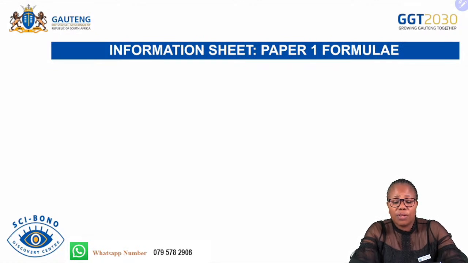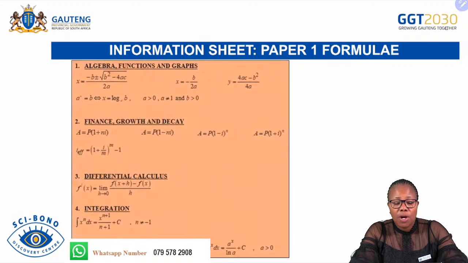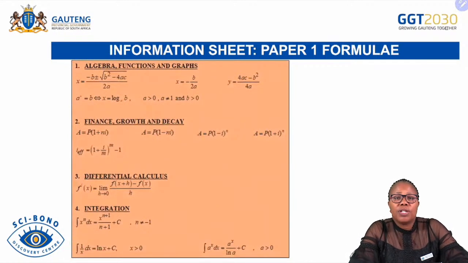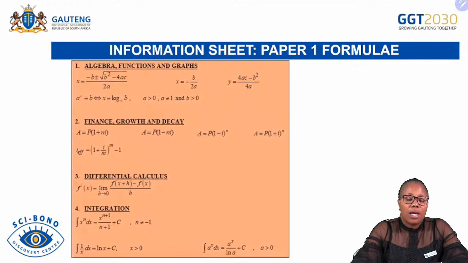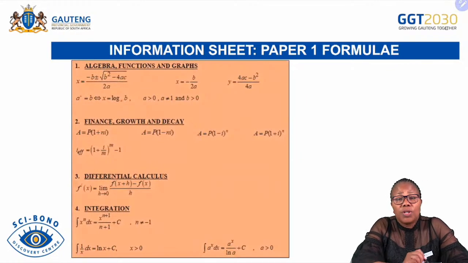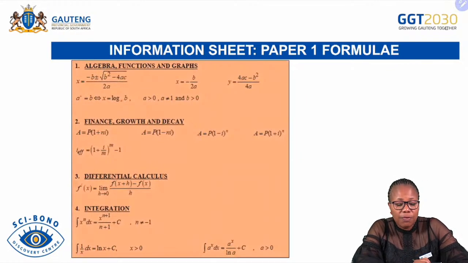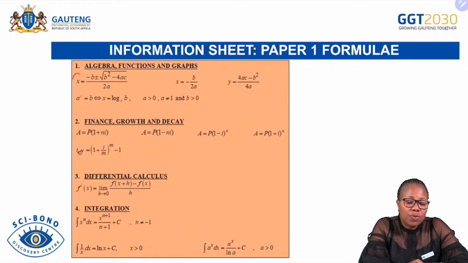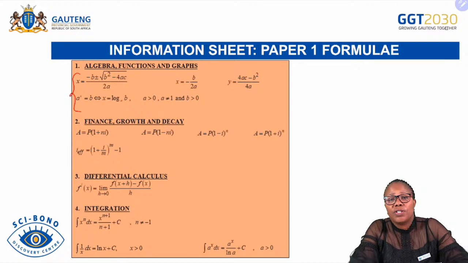And then now with the paper 1, at the end of your question paper, you'll be having a formula sheet, grade 12. You must be able to classify the formulas that you need for paper 1. Basically, the ones that are starting from the beginning of your formula sheet, that will be for paper 1. So now we have the first class there, which we use for the algebra, functions and graphs.